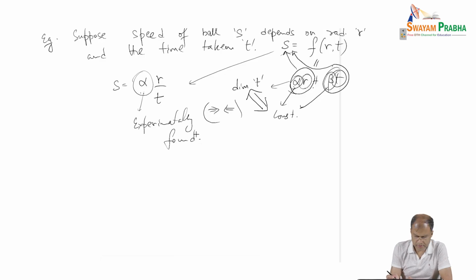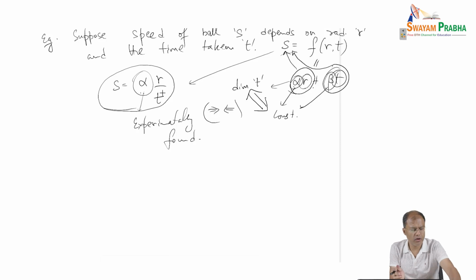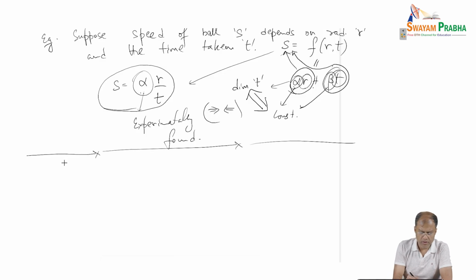So that is what I wanted to point out, that dimensional analysis assumes that the fundamental dimensions are in the form of a ratio, not subtraction or addition, right? So coming back to the projectile problem.